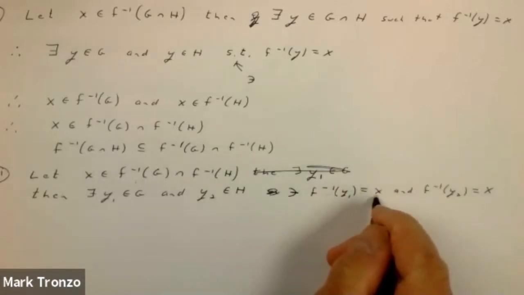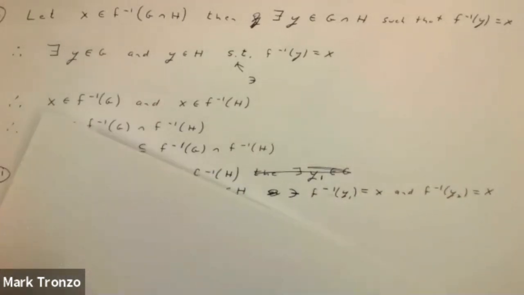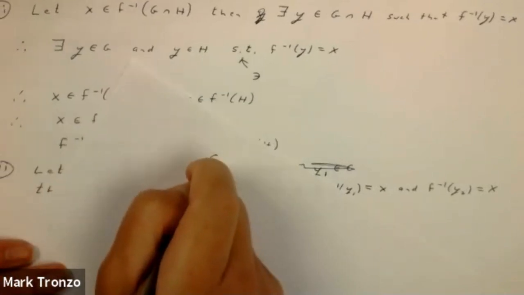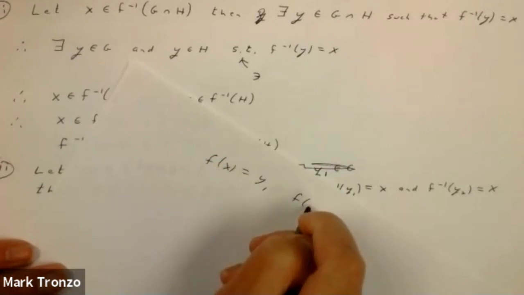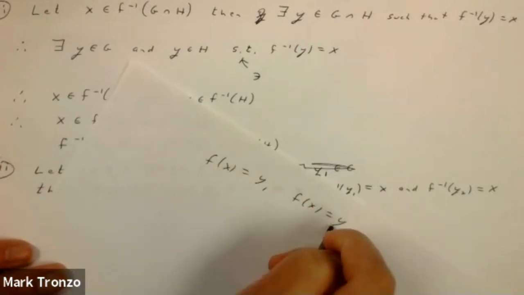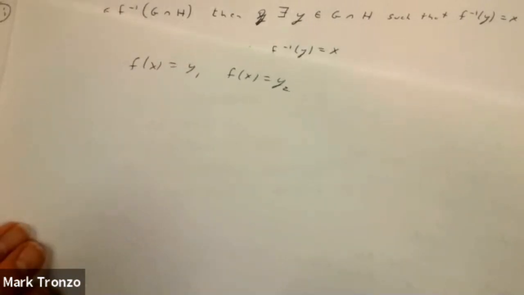What this is kind of saying is that f of x equals y1 and f of x equals y2, doesn't it? So therefore, that's impossible for a function, right? Because for something to be a function, it can only produce one output for each x.